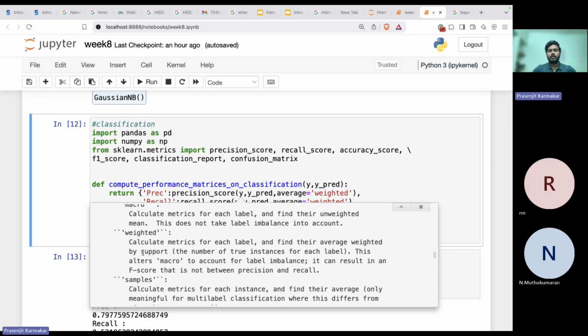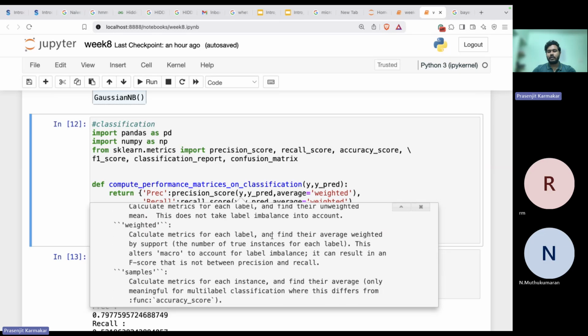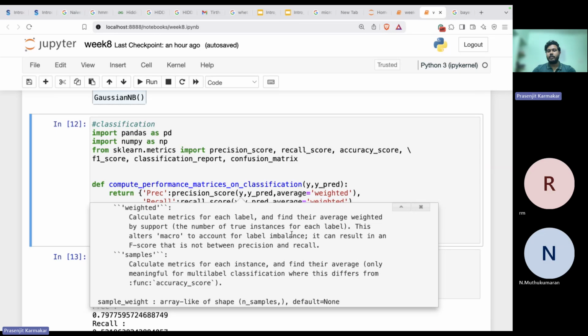Weighted calculates metrics for each label and finds their average weighted by support, the number of true instances for each label. This alters macro to account for label imbalance. So if my data set has label imbalance, it is considered in the metric.